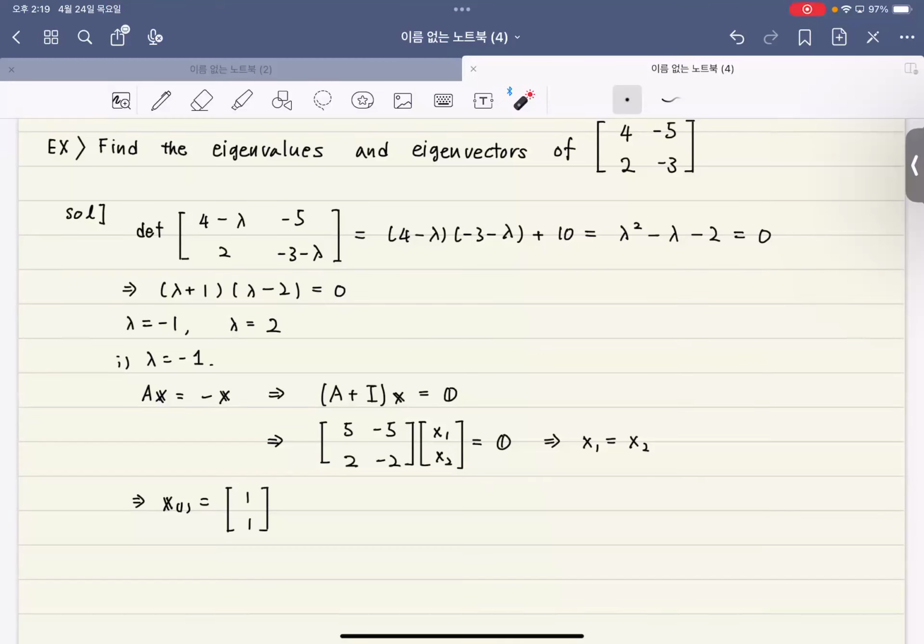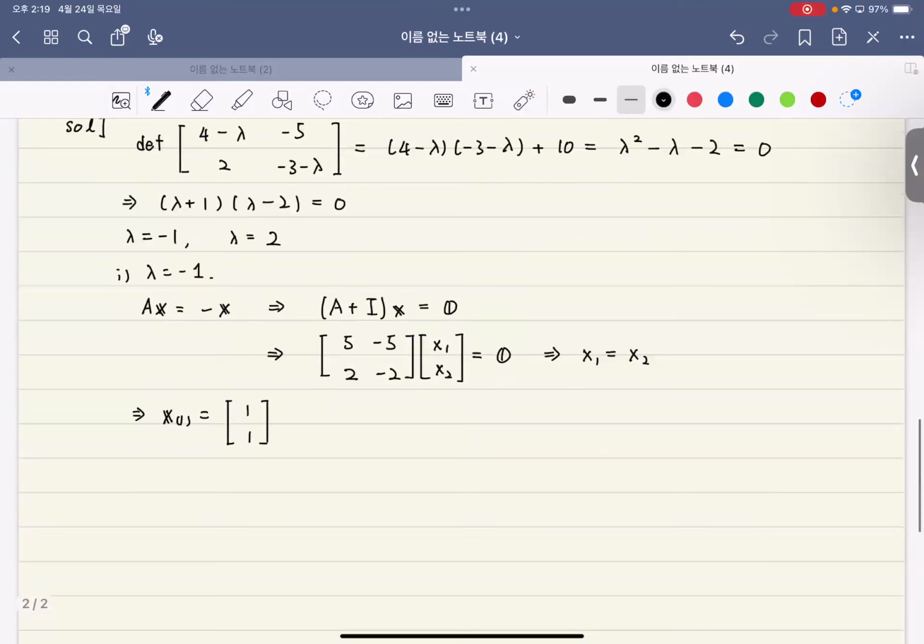Here I have found only one linearly independent eigenvector, but there can be more than one linearly independent eigenvector for a single eigenvalue. We'll go back to this issue later on. But anyway, in this case, I have found only one linearly independent eigenvector.